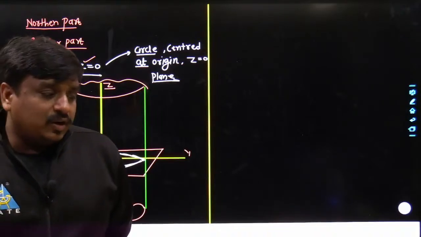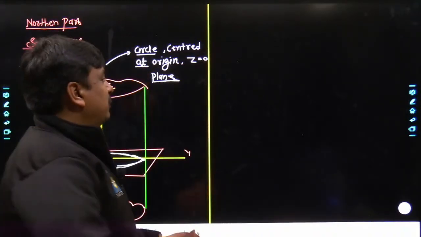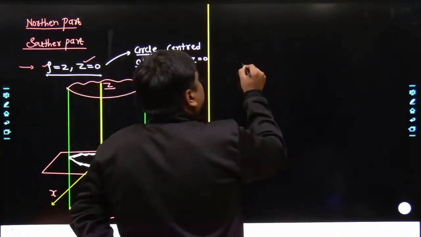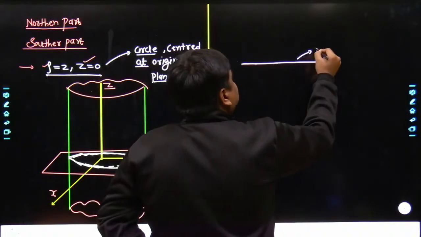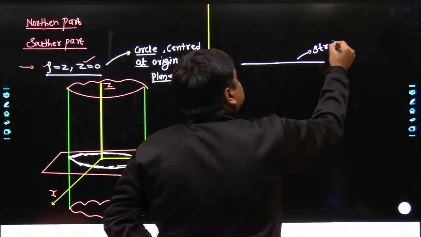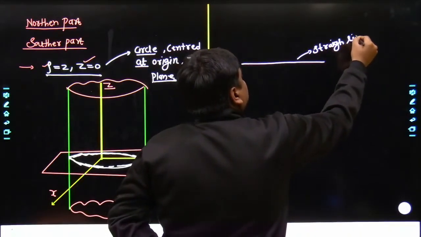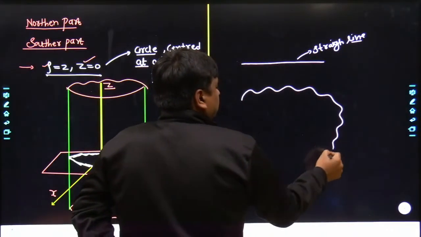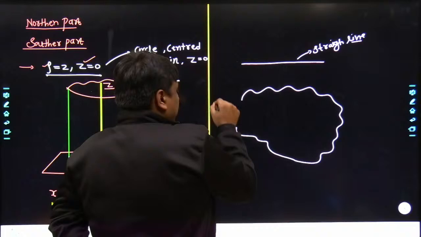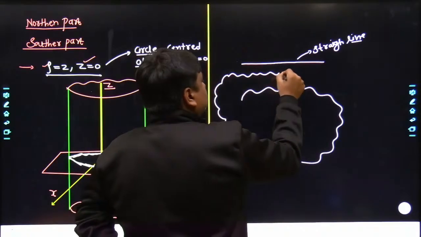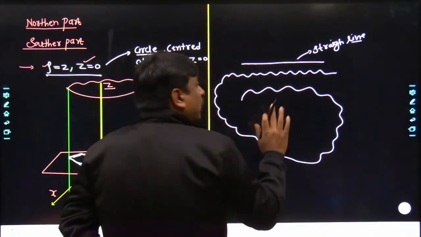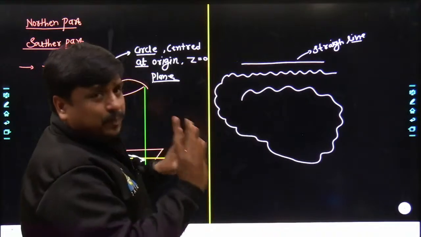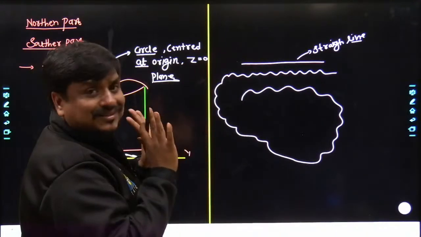What is the meaning of contour? My dear friends, see what happens. The contour is simply a path. If it is a straight path, I may call it a straight line. But if I am following a certain path where the structure does not fall under a straight line, we can still call it a path, a type of path, but I am not specifying whether it's a straight line or not.